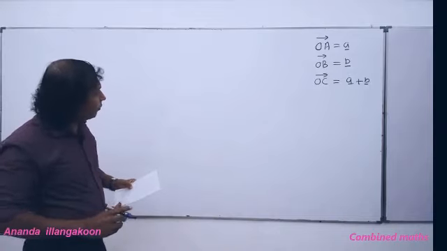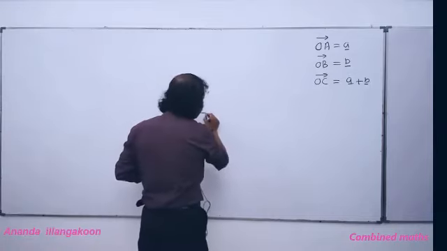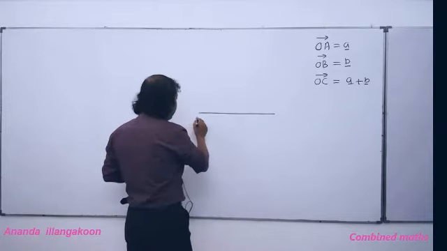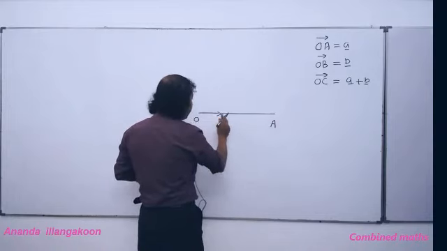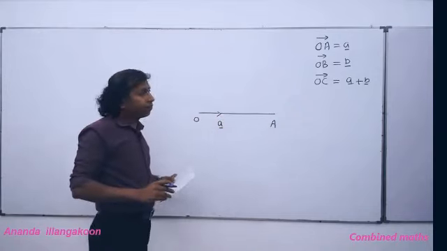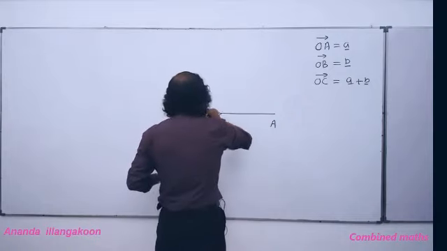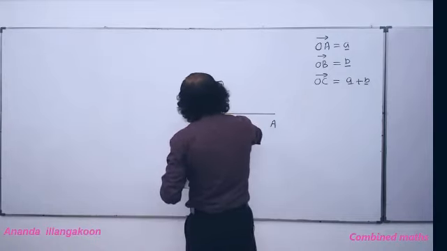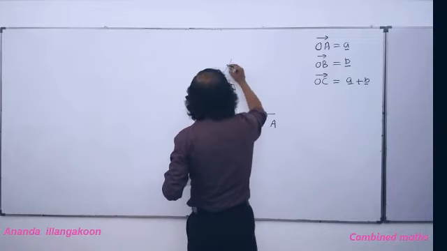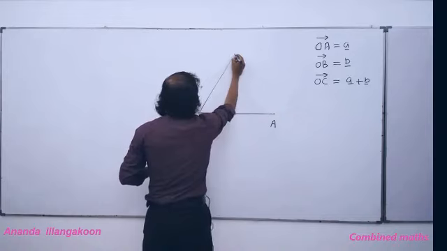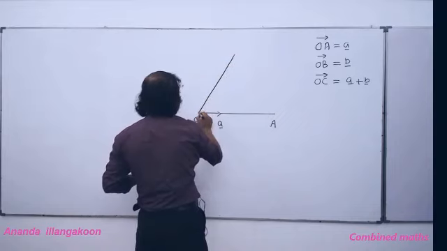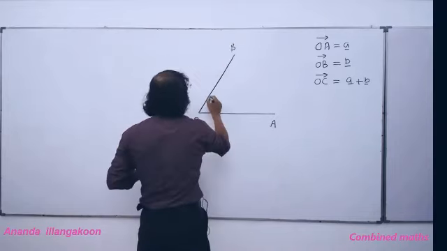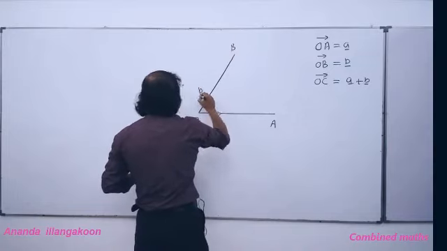Right, people, now suppose here vector a is this. This point is A. This vector is OA. Vector b is this. This is b vector.